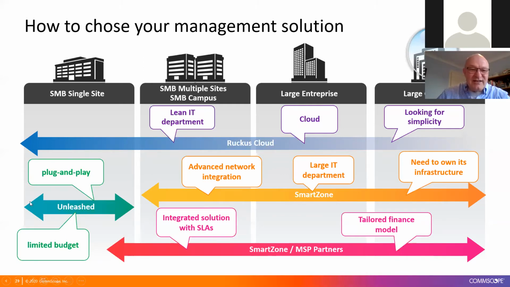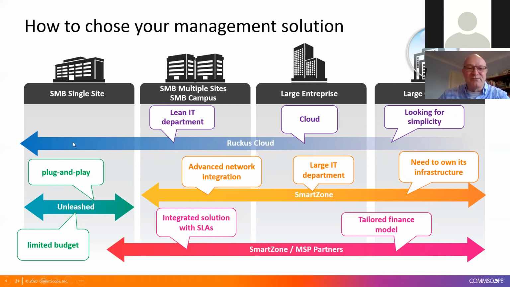Unleashed is a controllerless option, nice and easy to set up, wizard-based setup. You set up the first access point, and then other access points within that local network will naturally join and deploy onto that controller access point. Adding in up to 8 switches as well for a bit of control and management.